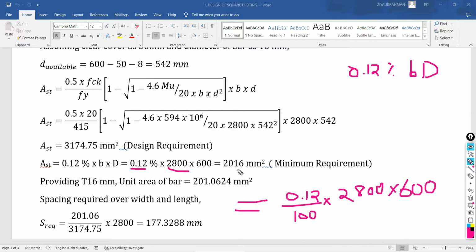This gives the minimum area of reinforcement required as 2016 mm square.